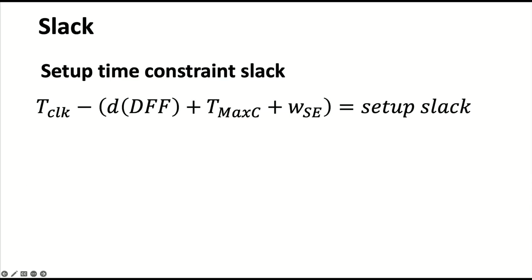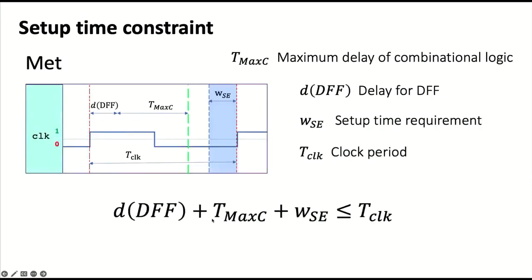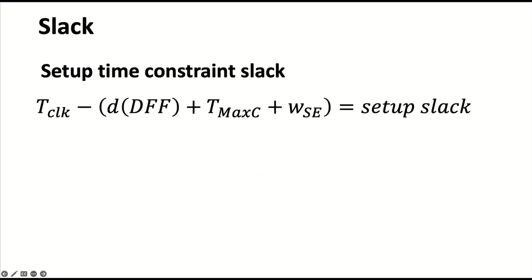So this is the same inequality as this one, only we've taken this and subtracted it from the clock. Okay. If this is positive, great. You're meeting the constraint. If it's negative, you're not meeting the constraint. It means that all of these delays together are more than the clock period.